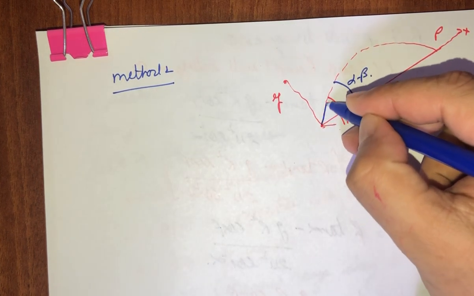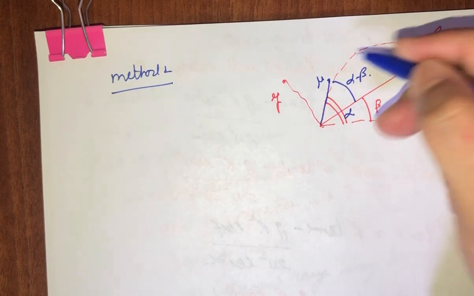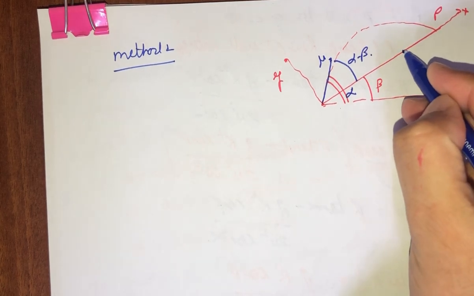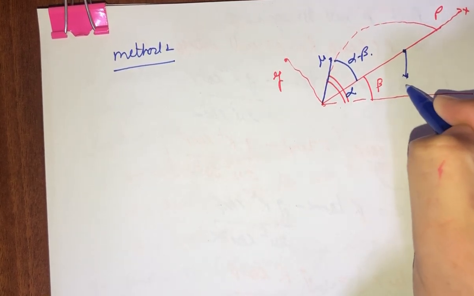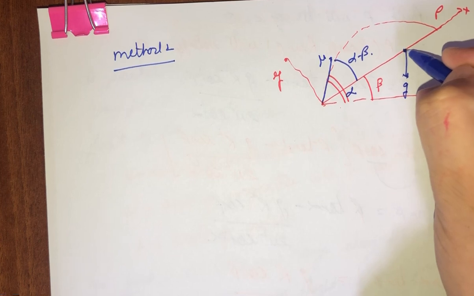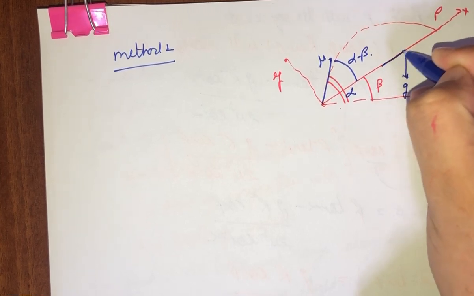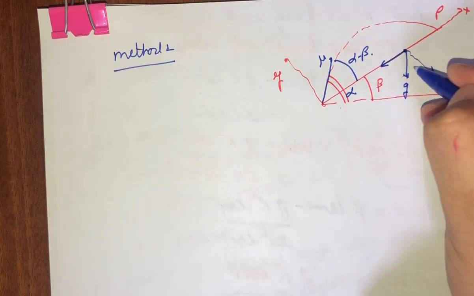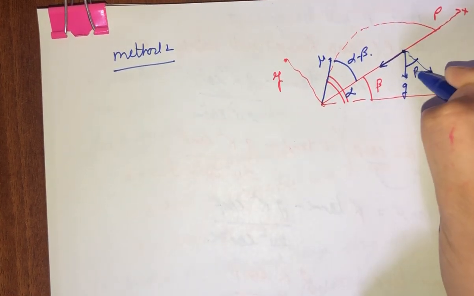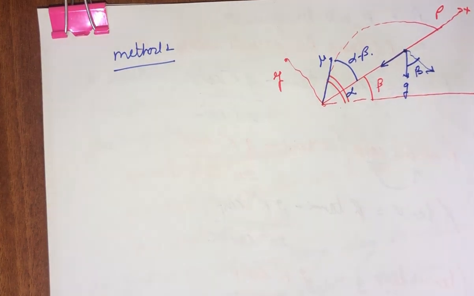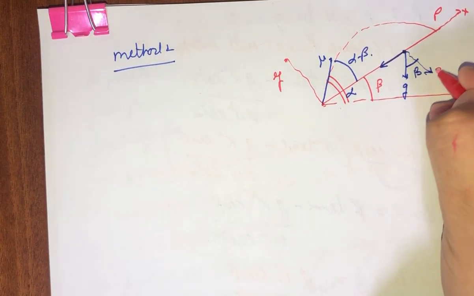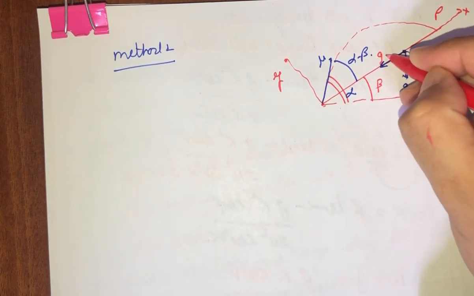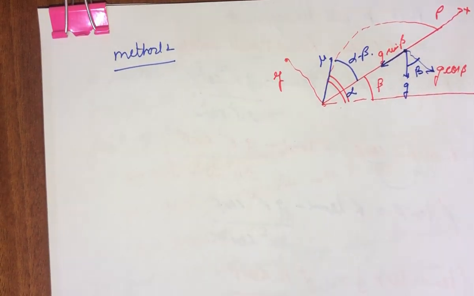And this will be our velocity of projection u, and now the acceleration due to gravity will be acting vertically downwards in this direction g. So it is going to have two components along the x-axis and perpendicular to the x-axis. So angle will be beta. So we are going to have the first component, this will be g cos of beta, and this will be g sine of beta.